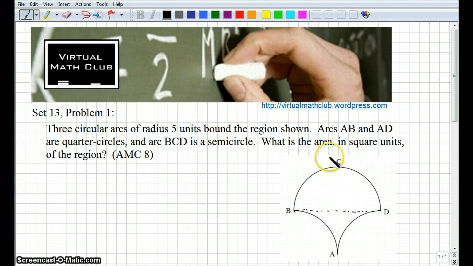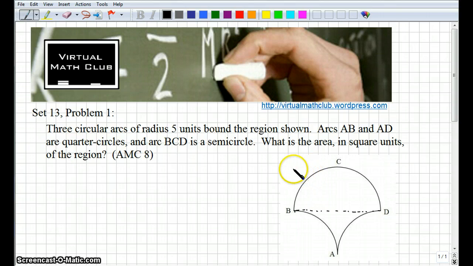Another common trick with these area problems is to look at the negative space. And when I mean the negative space, it's the area outside of the shape.